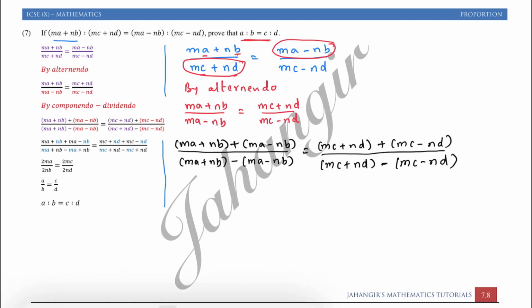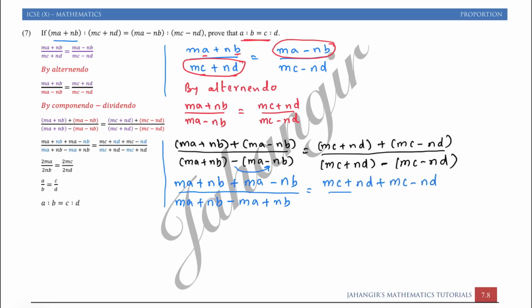So solving the brackets, you will get MA plus NB plus MA minus NB. As it is, in the denominator we can write MA plus NB minus MA, minus minus plus NB, is equal to MC plus ND plus MC minus ND whole upon MC plus ND minus MC, minus minus plus ND.